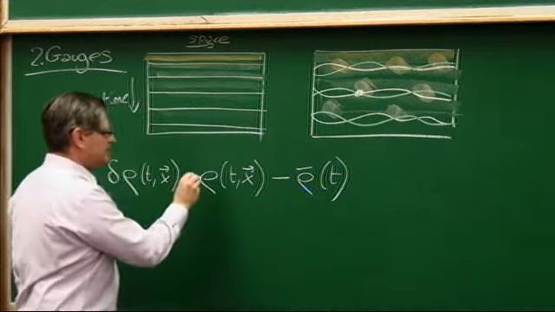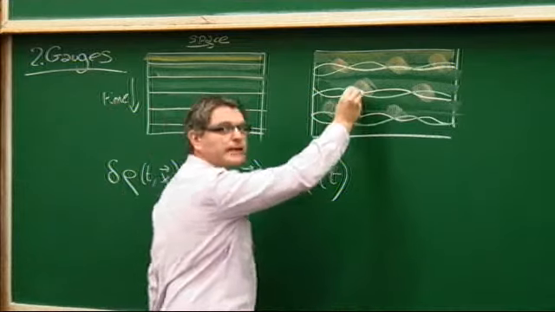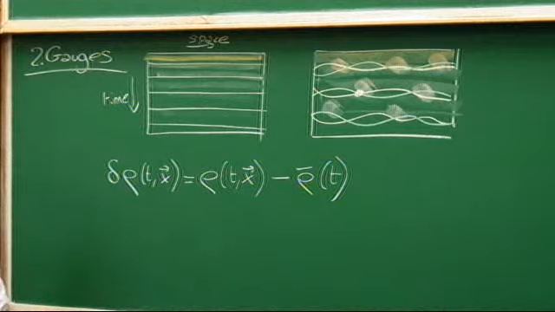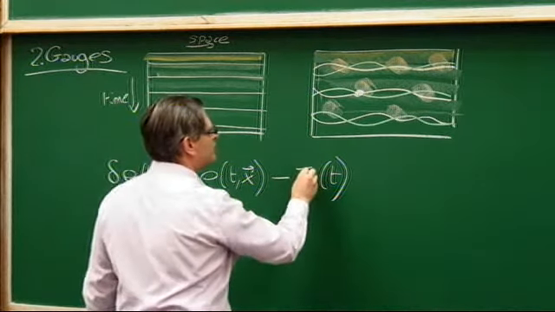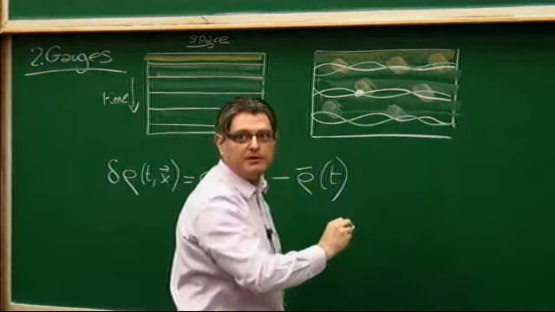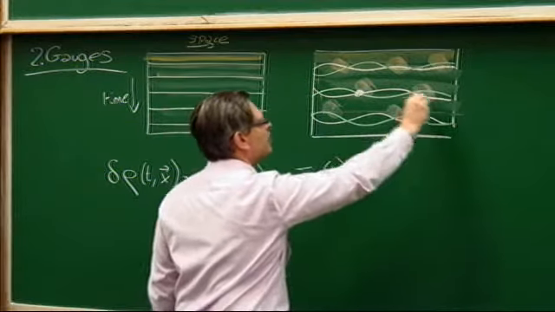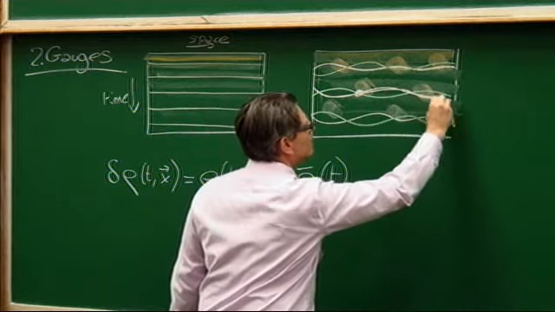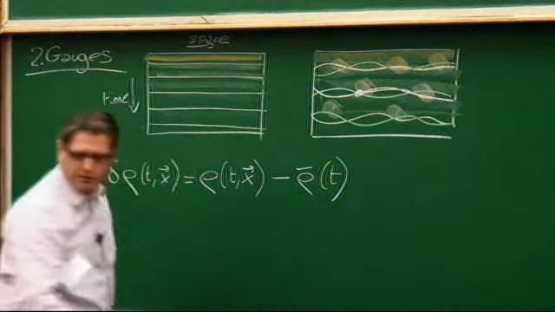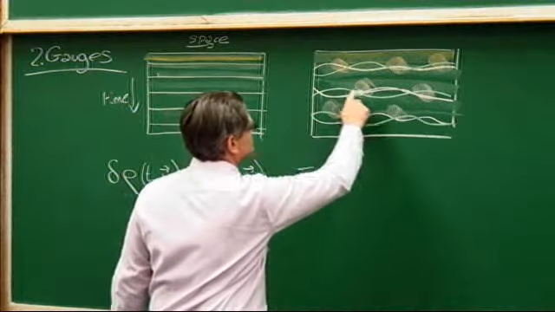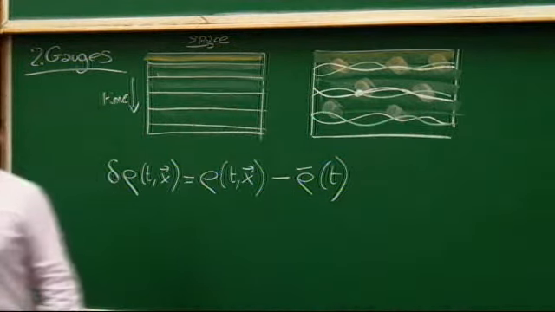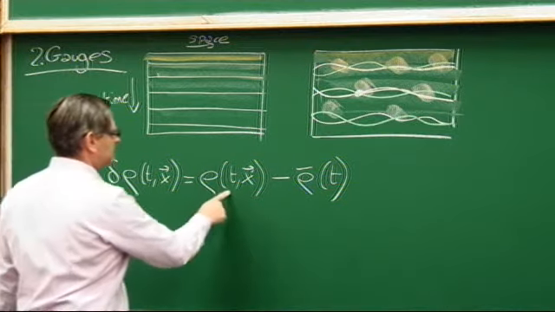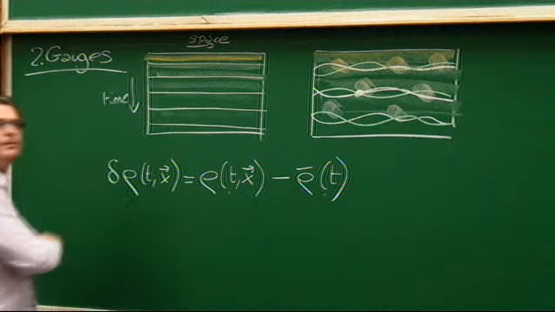It will always contain the same rho of (t, x), which is the true matter density at this point, minus a non-local quantity, which is the average of rho along one of these hypersurfaces. If I make the white choice, I will subtract the average of the density along the white line. If I use the green choice, I will subtract the average along this line, and of course they will be slightly different from each other. So if I change the time slicing, this remains, but this changes a little bit, and all my perturbations are changed.